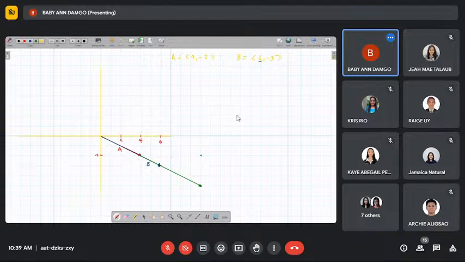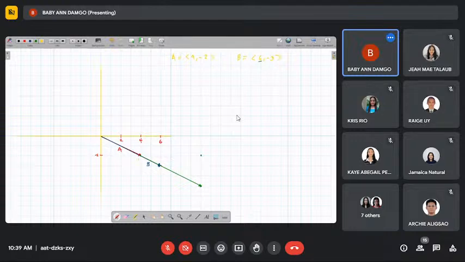Okay? So this is the negative B. So, gi-change siya ang direction ha. So, from going up, so mo down. If going to right, so left. So, that is the negative B.